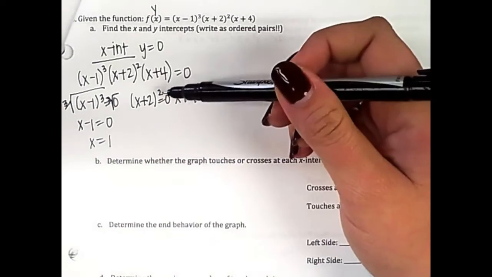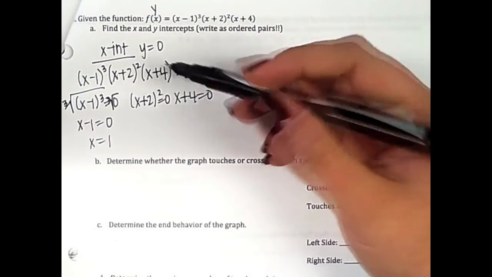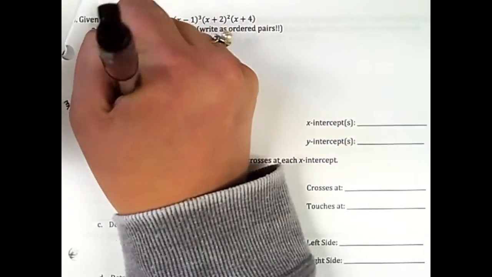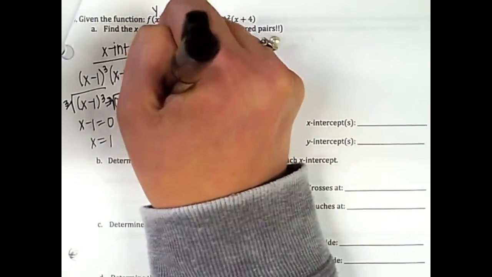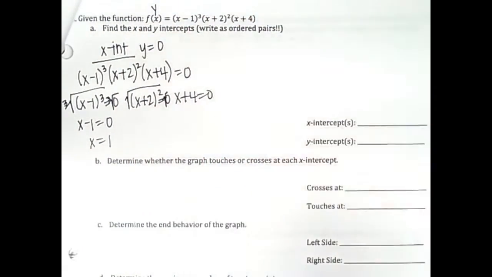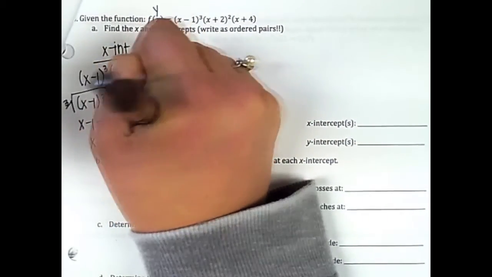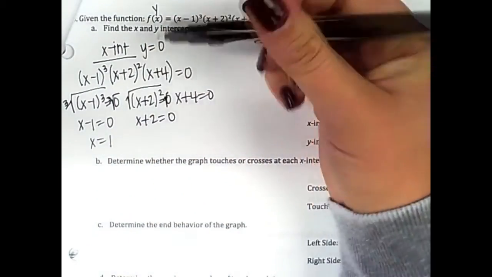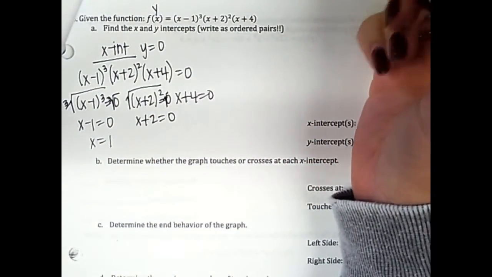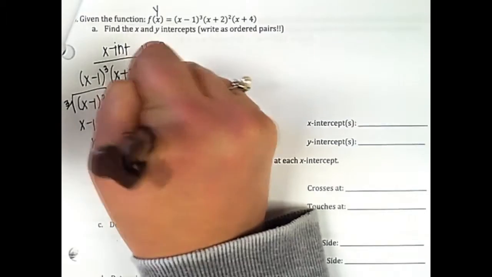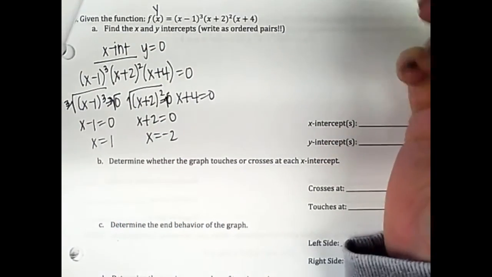Now, this next one is squared. So to undo the squaring, we're just going to square root it. Square root one side, and you have to square root the other side. So then we have x plus 2 equals 0, because the square root of 0 is just 0. We would subtract 2, and x is equal to negative 2.